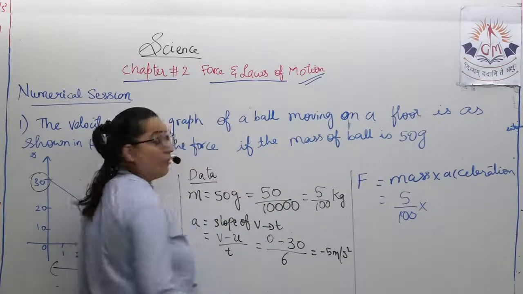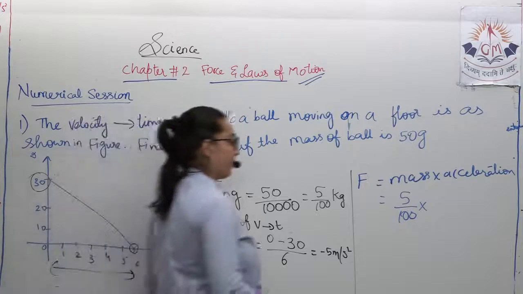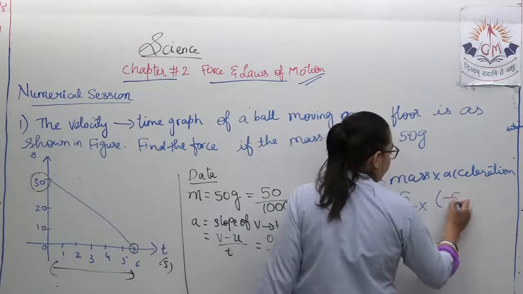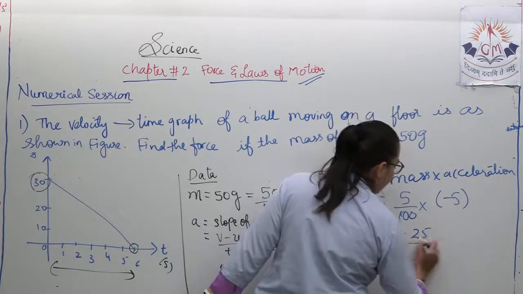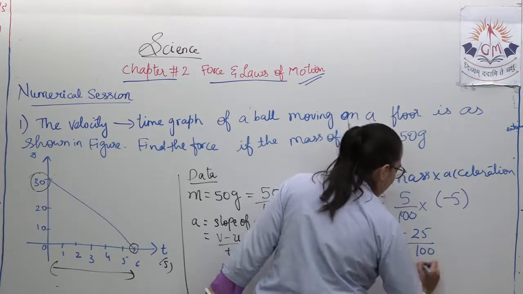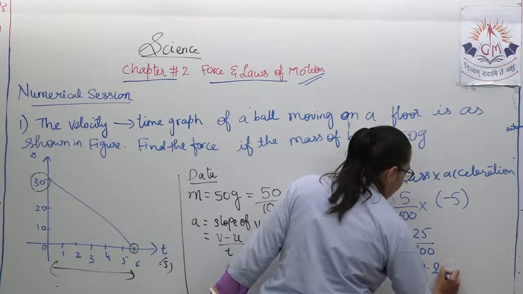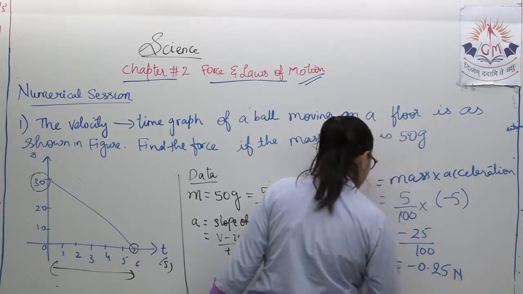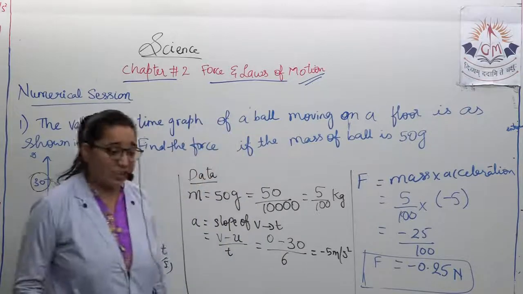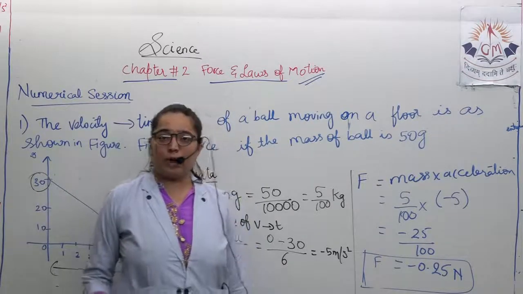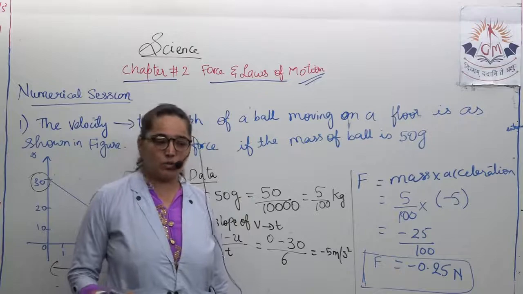It's minus 5 meter per second square. 5 5s are 25, but with a negative sign, upon 100. So the force is minus 0.25 Newton. This is how you get the force. That is, force is equal to minus 0.25 Newton.